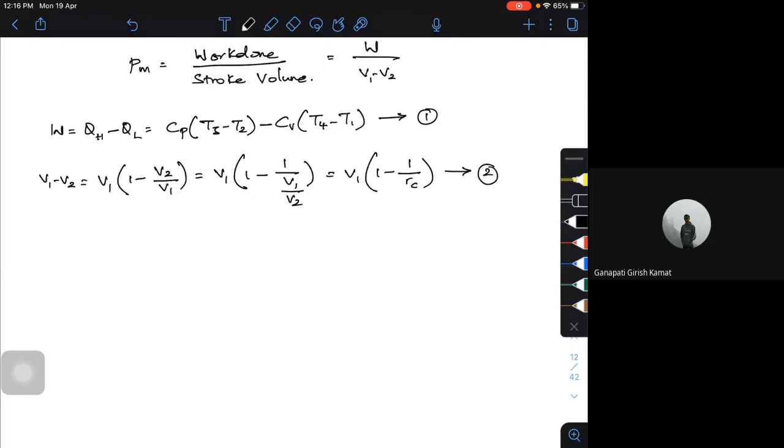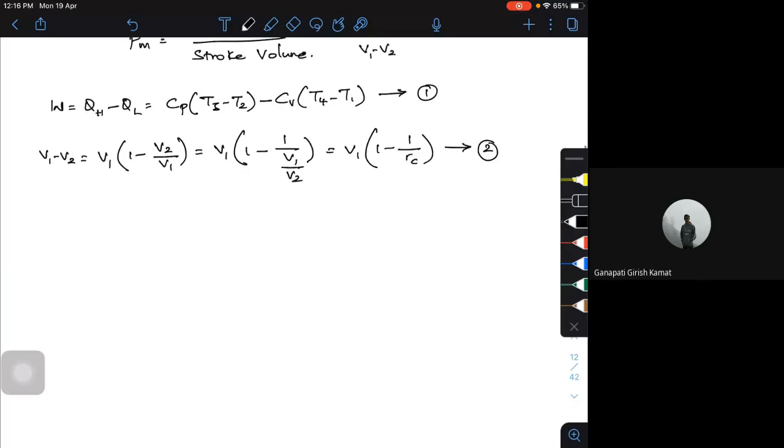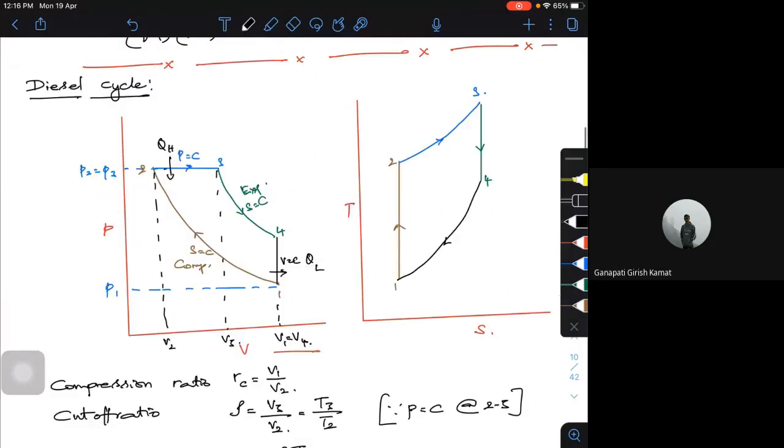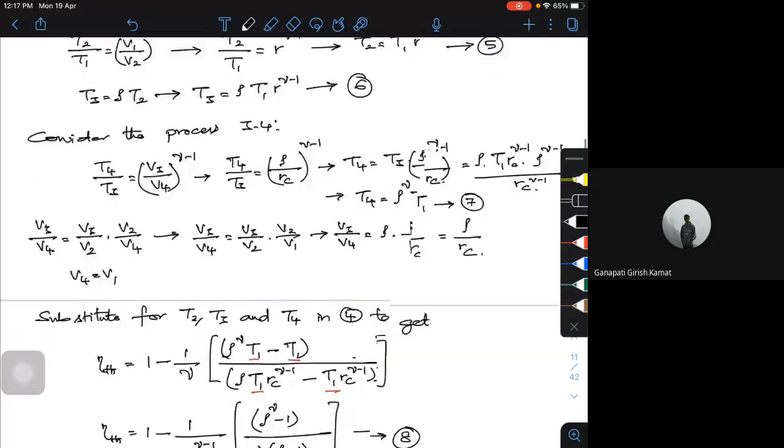Let us go back to our thermodynamics. We know that PV is equal to RT.